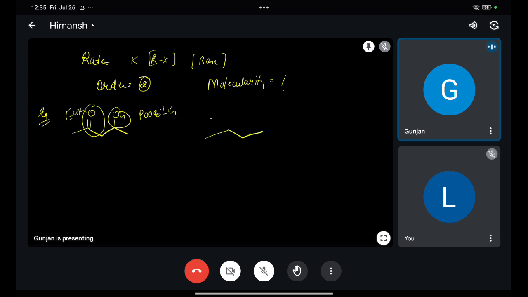So accordingly we will get this type of alkene over here, right?